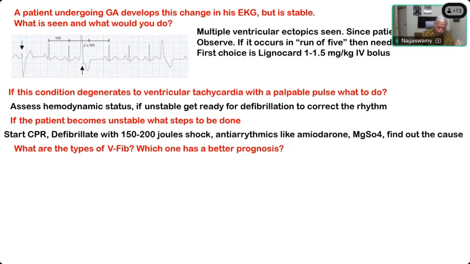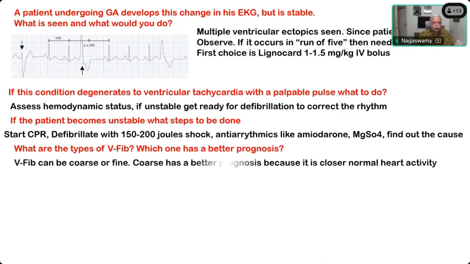Do they ask for prognosis, or is some other type of classification considered for VT, sir? Pulseless VT and with pulse. Coarse and fine. These can be coarse fibrillation or fine fibrillation. Coarse has a better prognosis because it is closer to normal heart activity.